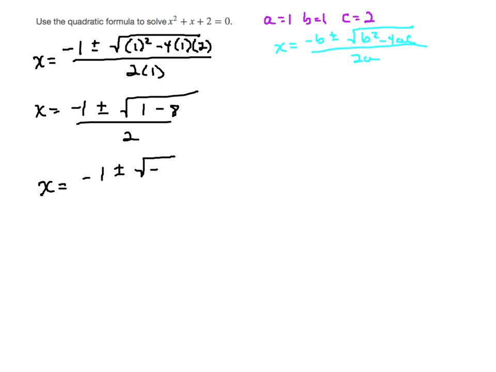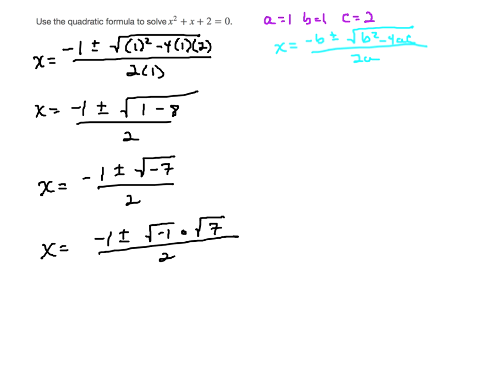X is equal to negative 1 plus or minus the square root of negative 7 over 2. X is equal to negative 1 plus or minus the square root of negative 1 times the square root of 7. We learned that last lecture. X is equal to negative 1 plus or minus i square root 7 over 2. We have two imaginary solutions.